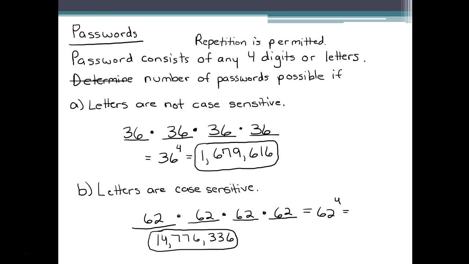Okay. So there are some examples of how you can apply the counting principle. Now I have one more example. This one's also going to lead us into talking about something called permutations.